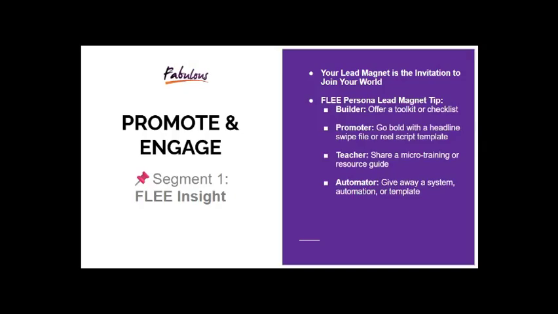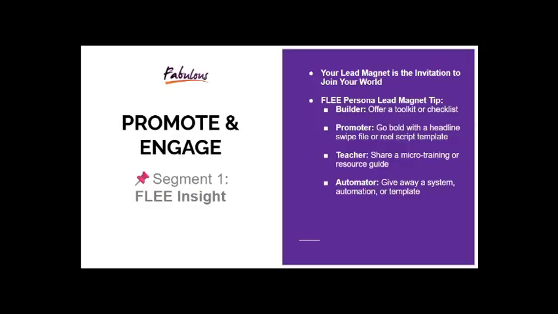So here are some FLEA persona lead magnet tips that I want to share with you. Regardless of what your FLEA persona is, there's a tip for each persona. For example, if you're a builder, then a lead magnet for you will be offering a toolkit or a checklist.